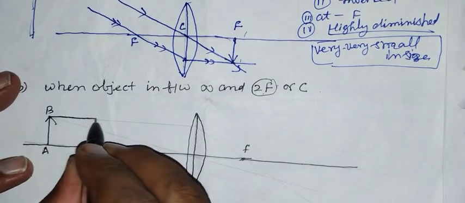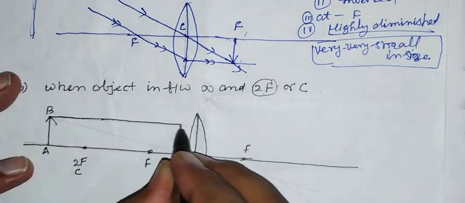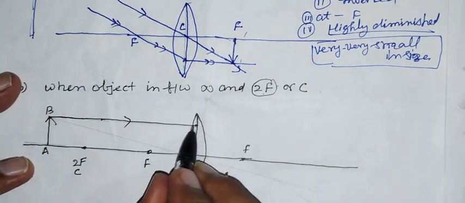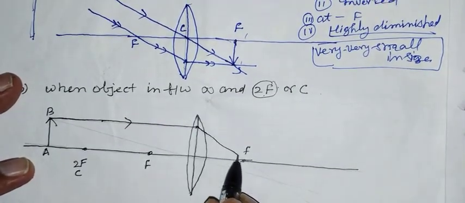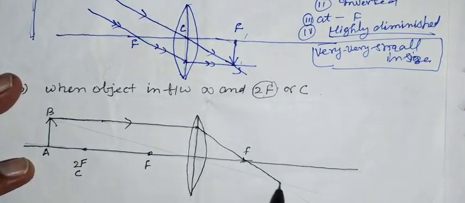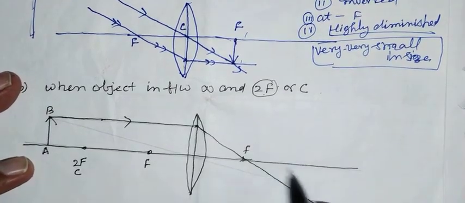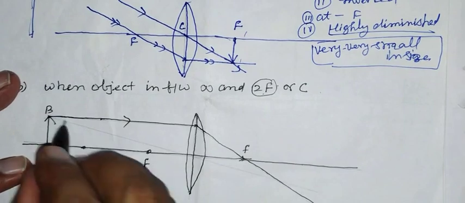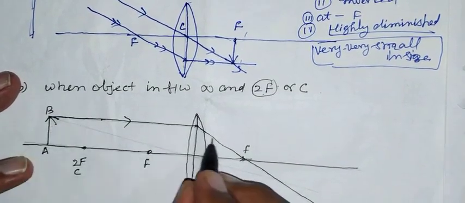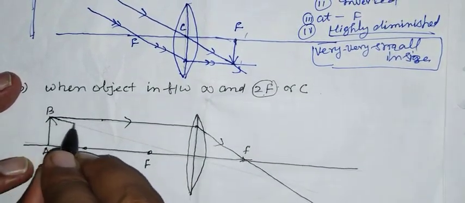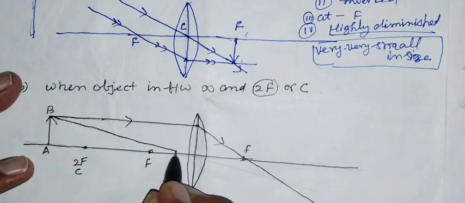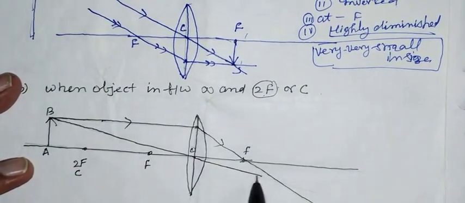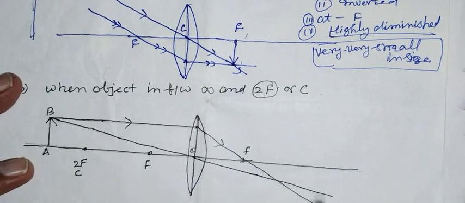We are taking a first ray parallel to the principal axis; according to the rule discussed, it always passes through the focus point F. Another ray, the second ray, passes through the optical center O, undeviated.